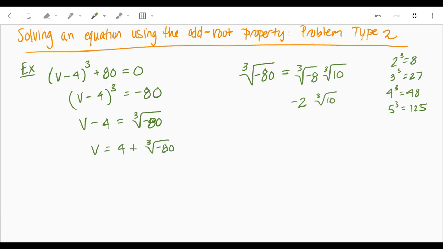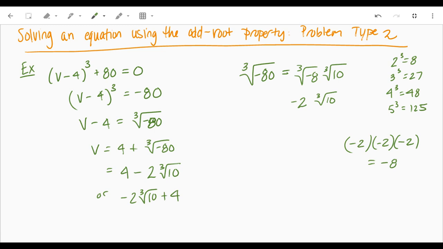Think about that for a second. If we do negative 2 times negative 2 times negative 2, you have an odd number of negatives, so it's still going to be negative, and it's going to be 8. So we're going to have 4 minus 2 cube root of 10. Or you could write negative 2 cube root of 10 plus 4. Doesn't matter. Either of those answers work.